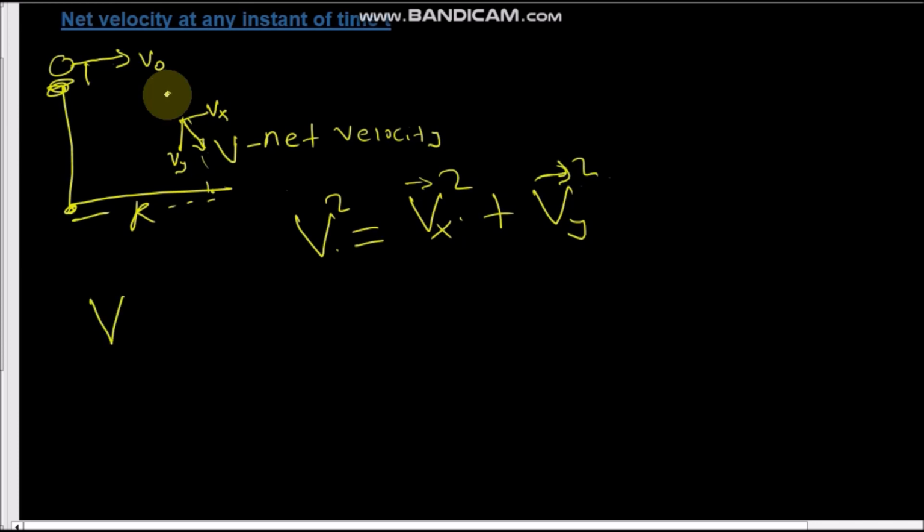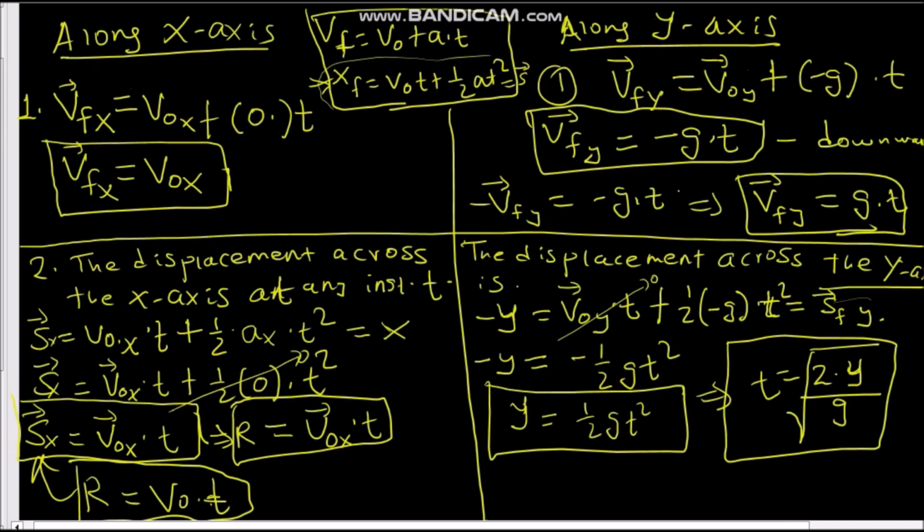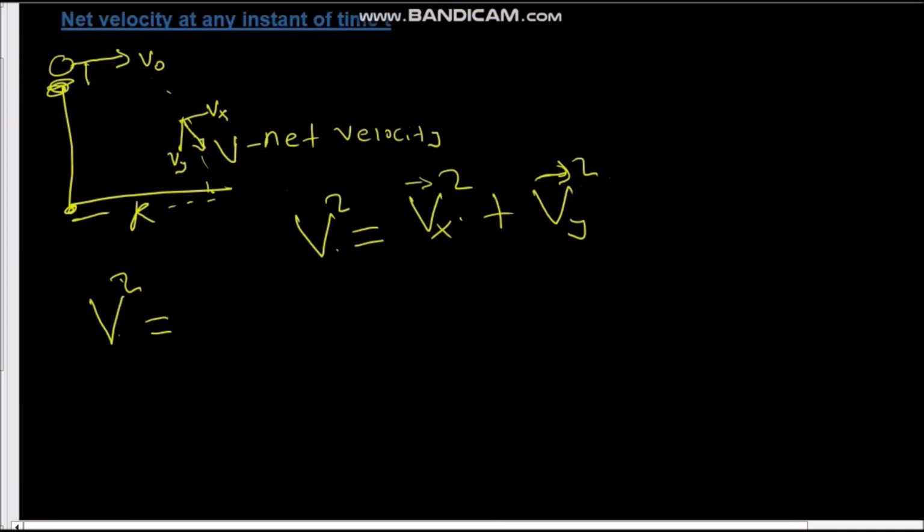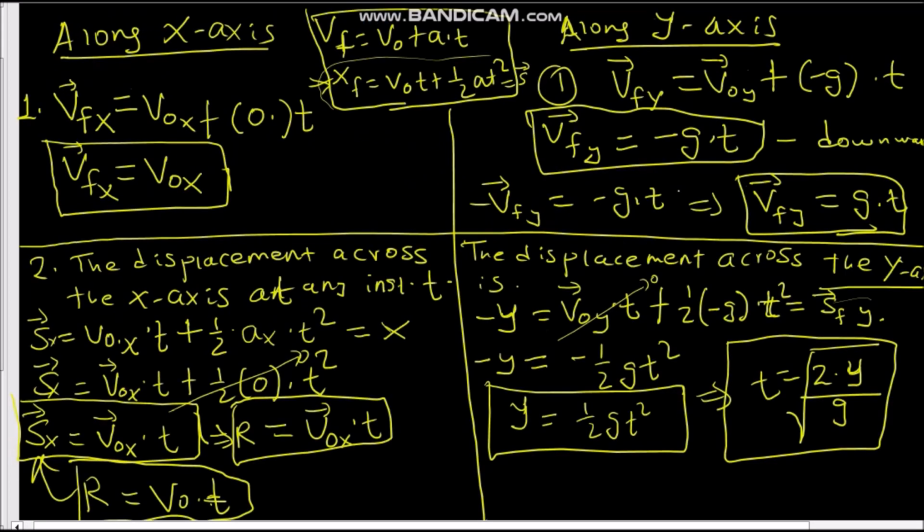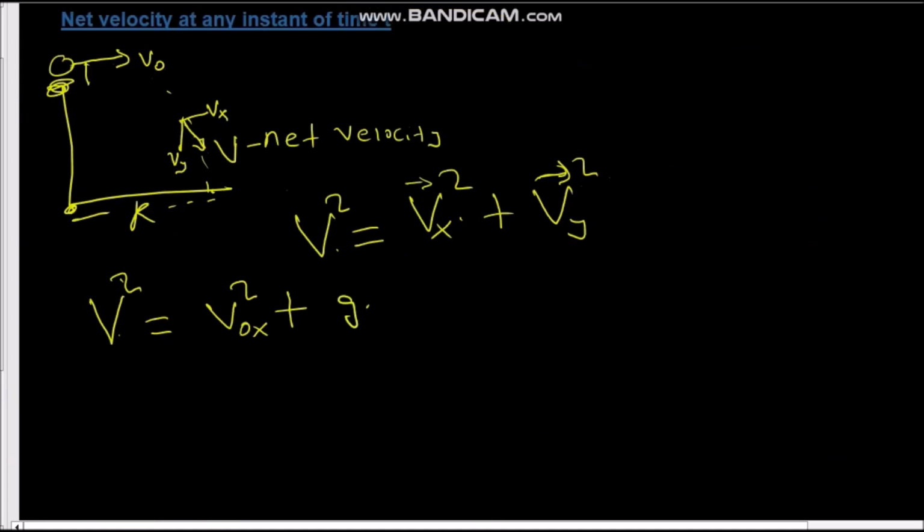Next, let's say v is equal to vx. Vx we already calculated here. The vx here is always equal to v naught across the x. It means we can substitute v naught across the x squared plus vy, the velocity across the y, g times t, the whole squared.